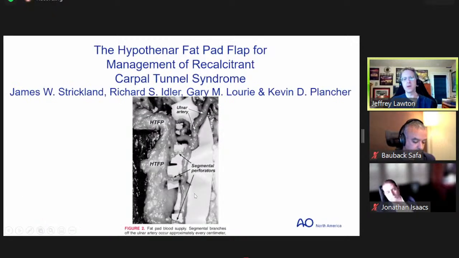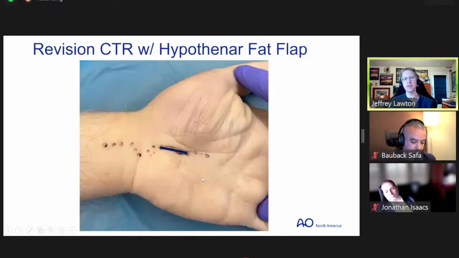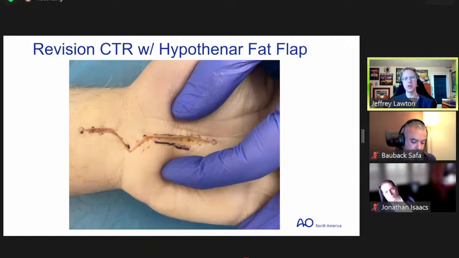So this is from their article, and you can see here's the ulnar artery, and here's segmental perforators to that pedicled hypothenar fat flap. So this is a cadaveric dissection, as you see here. This is sort of a typical mini open carpal tunnel release, and the dotted incision would be my incision for a hypothenar fat flap. So it starts with an incision just through the skin, as you see here.